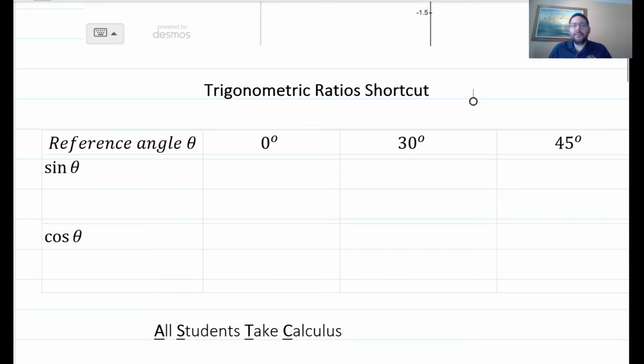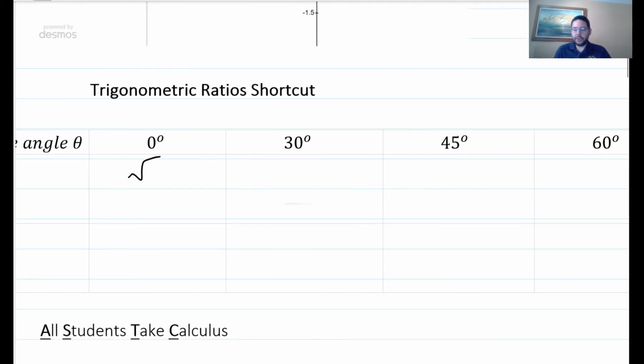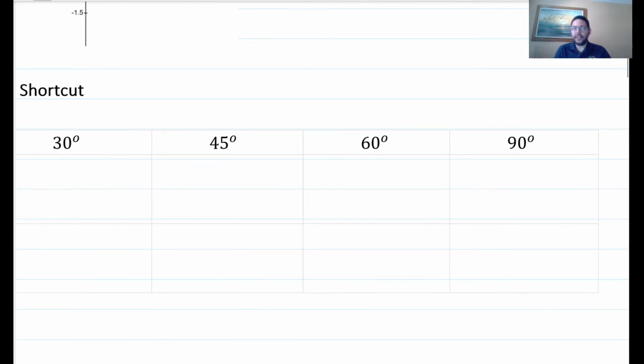Let's say you wanted to find the sine of 0 degrees. We start every value with sine first. Notice that my special angles are 0, 30, 45, 60, and 90.